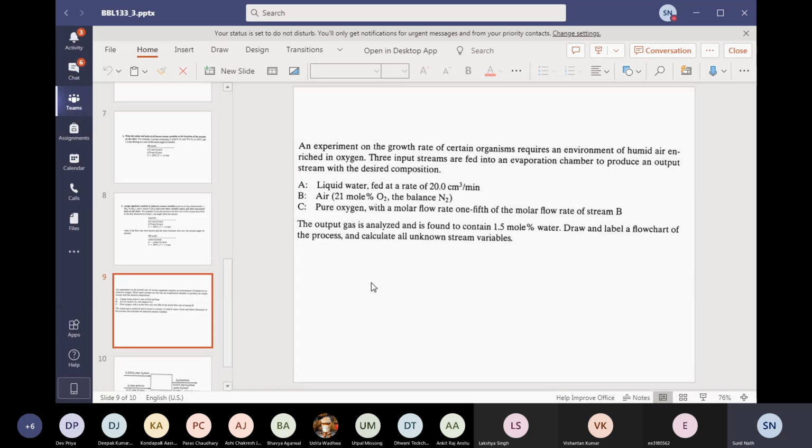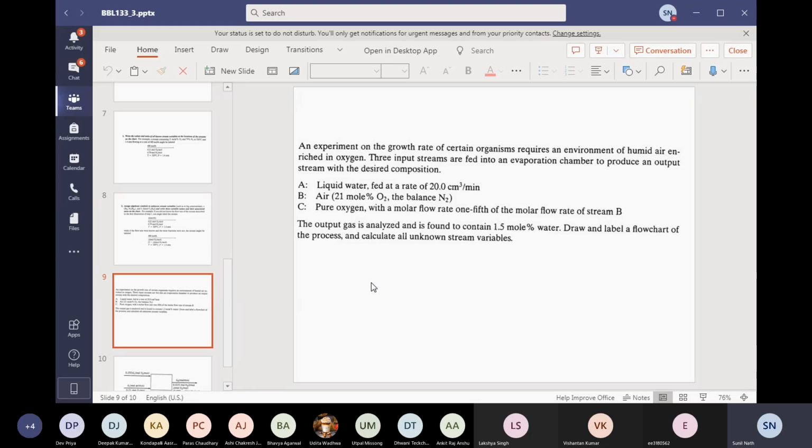Now what about stream A? Sorry, stream C. What flow rate does it have? 1/5 of the flow rate of whatever you call stream B. So 1/5 times whatever you labeled stream B, whatever symbol you gave to that, M dot or Q or whatever you have called it.